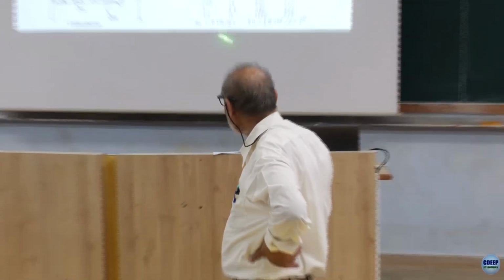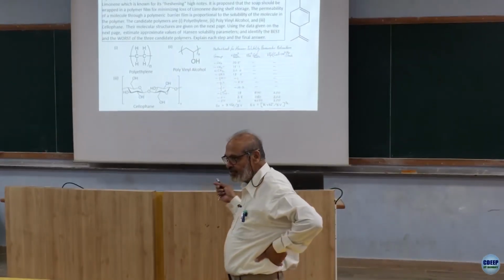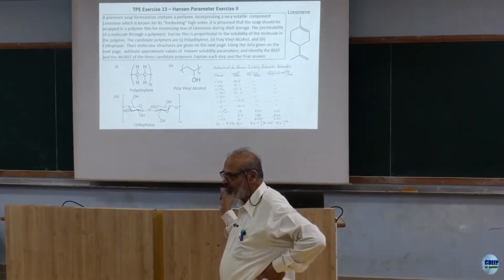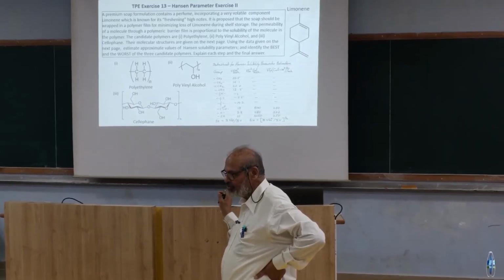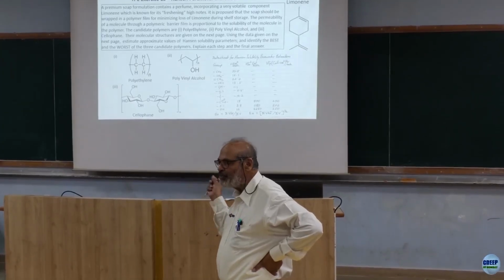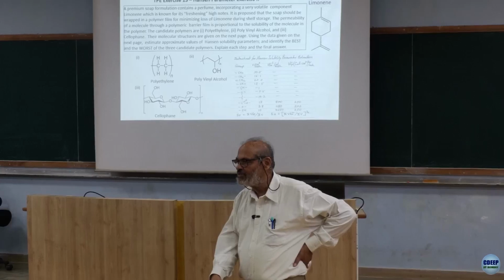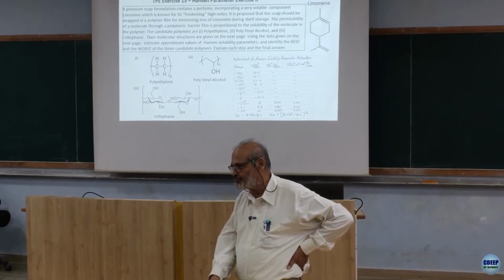So there are 2 or 3 databases available for a large number of groups. I should have actually written down the source of these values. So next time I will upload it on the Moodle, so you would be able to refer to these values from the source books.